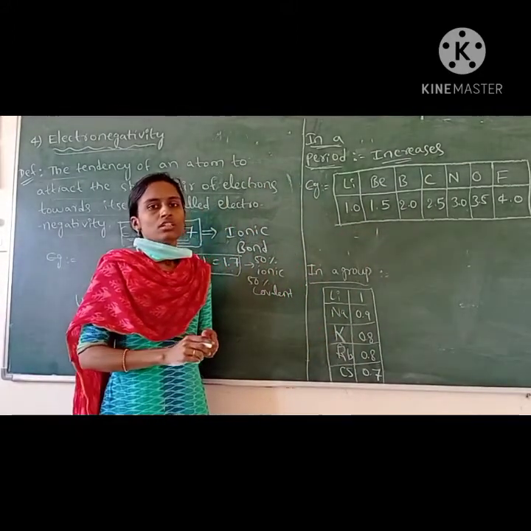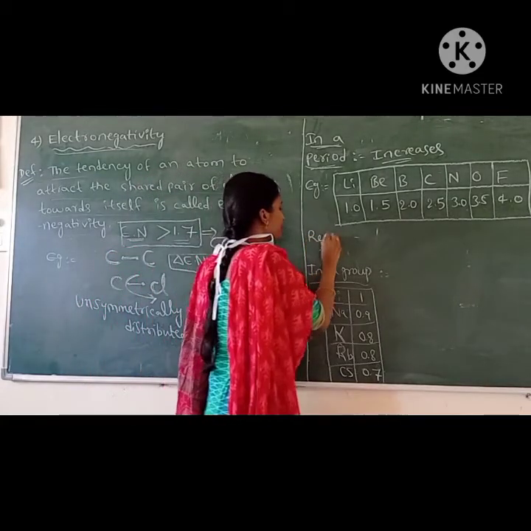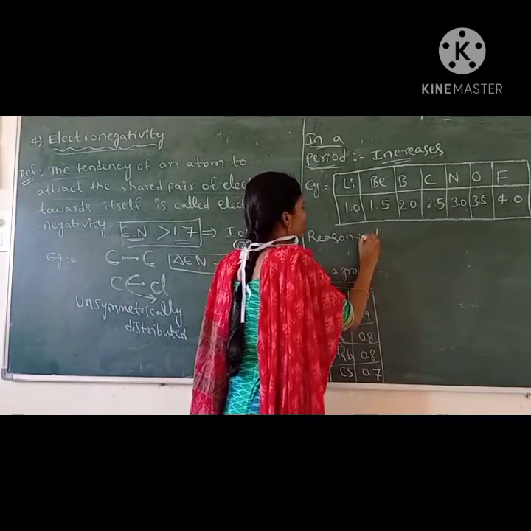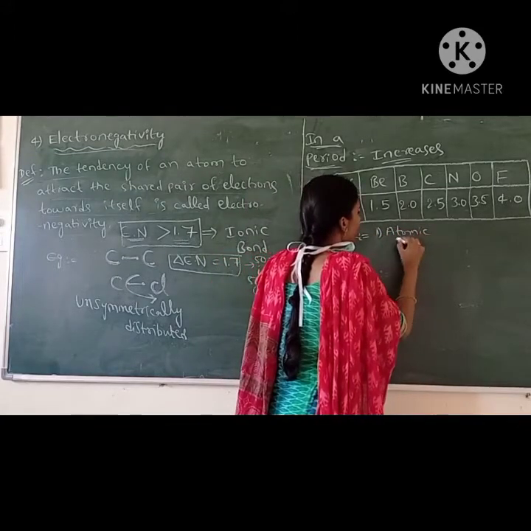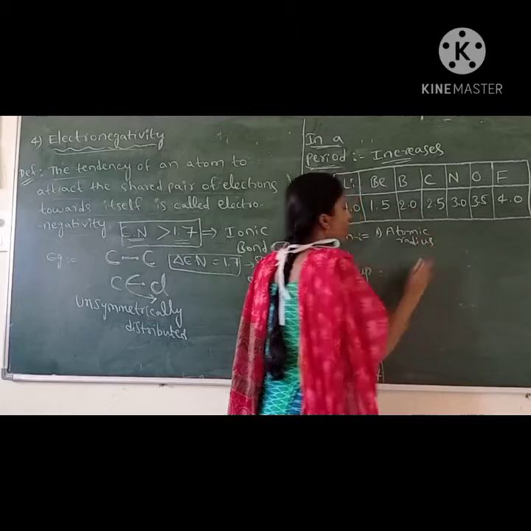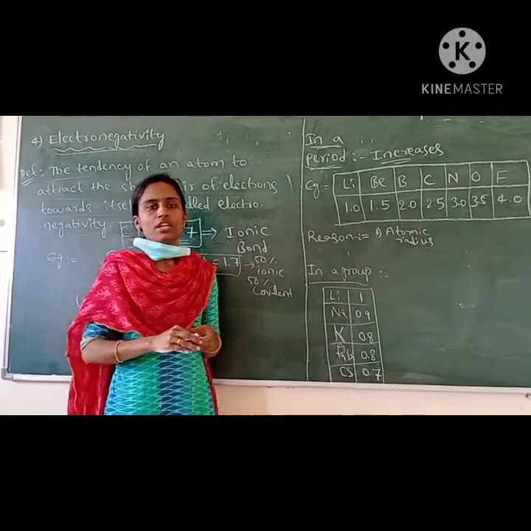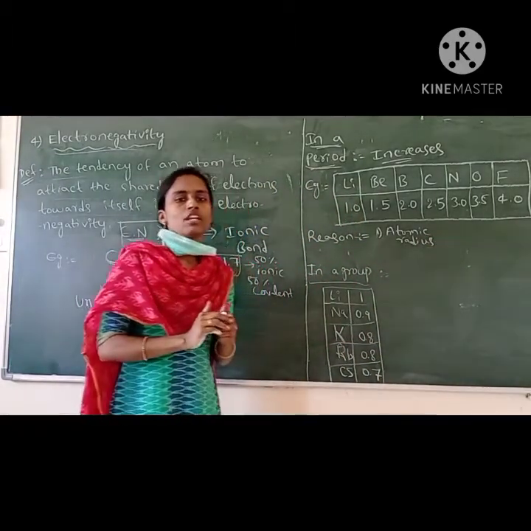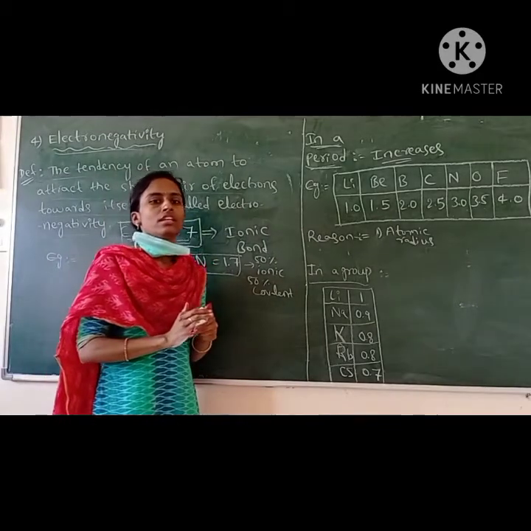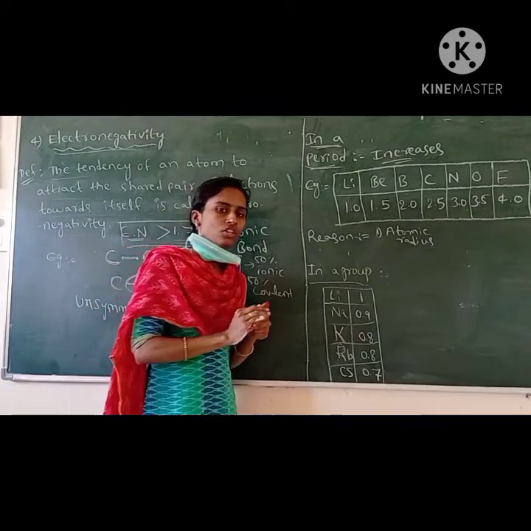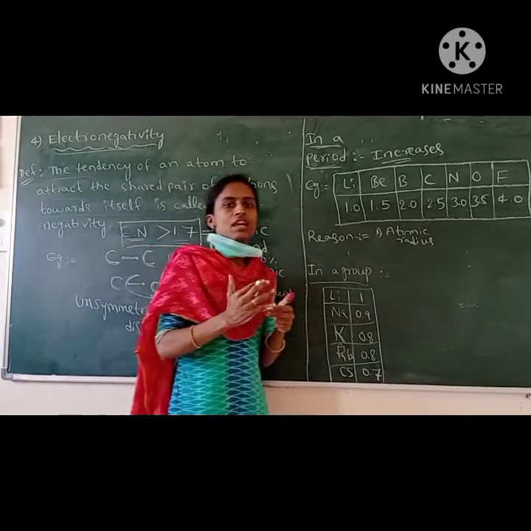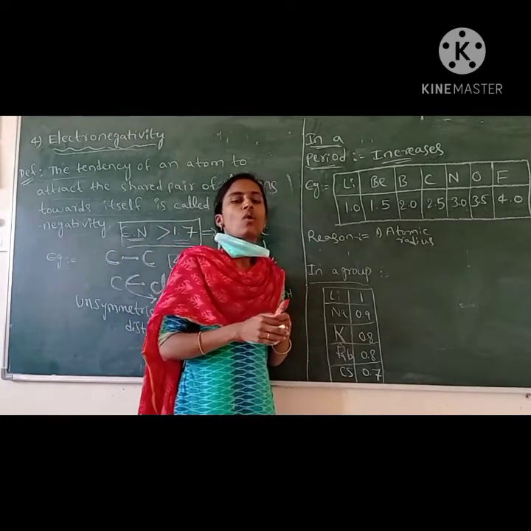What is the reason? If you see the reason, there are three reasons. The first one is atomic radius. As we move from left to right, atomic radius decreases. If atomic radius decreases, then the attraction, nuclear charge increases. If nuclear charge increases, it readily attracts the electron cloud.